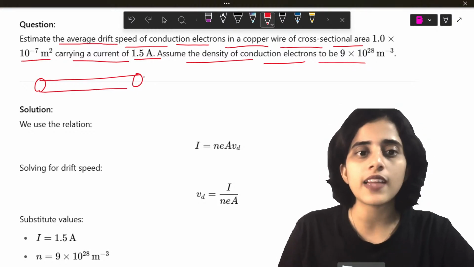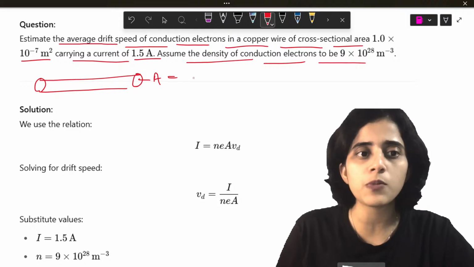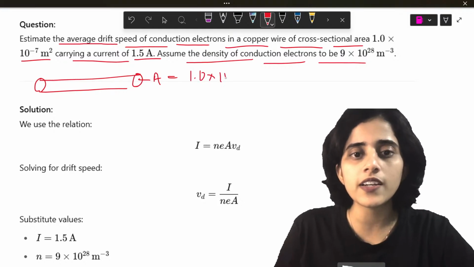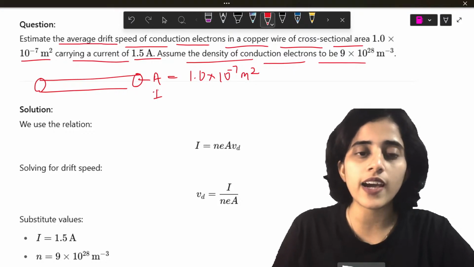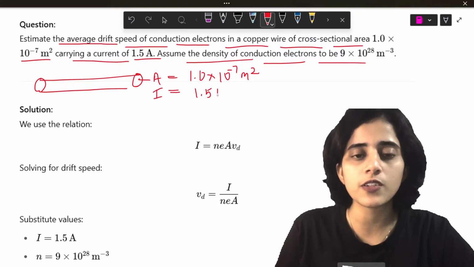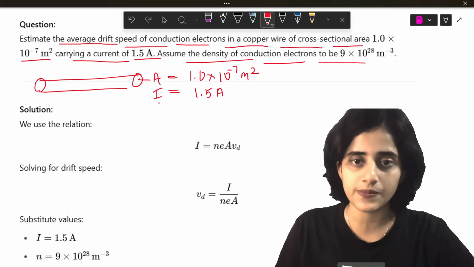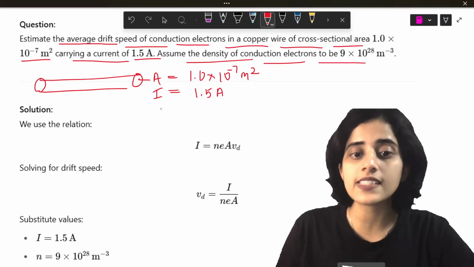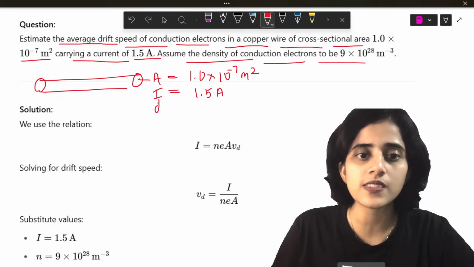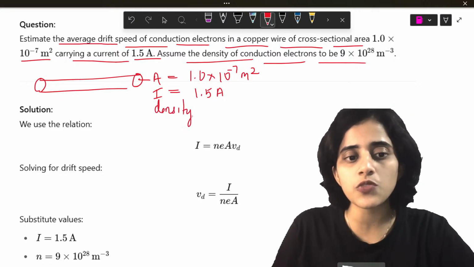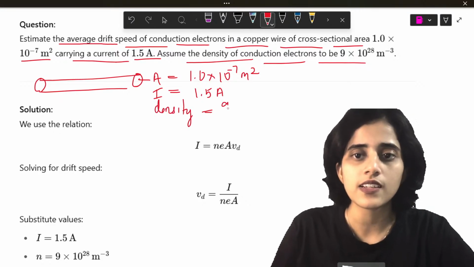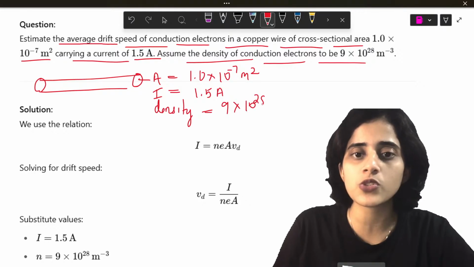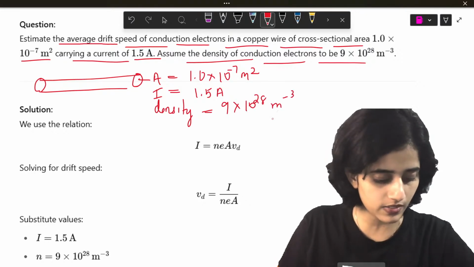The area of the copper wire is 1 into 10 raised to minus 7 meters square. The current through the wire is 1.5 amps. The density of the electrons is 9 into 10 raised to 28 meter raised to minus 3.